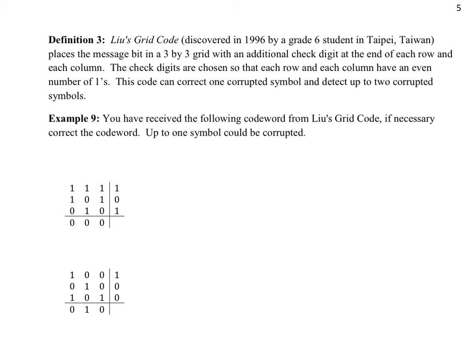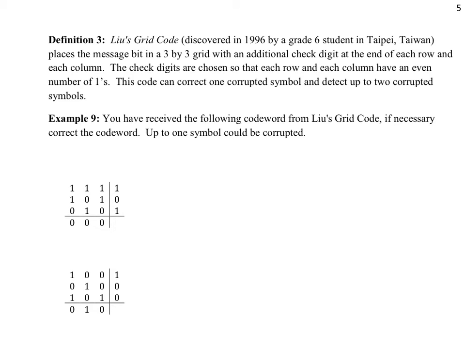And the check digit, very similar to the Ravenstein code, is designed so that the total number of ones is an even amount. So let's go through and check each row and column to see if we have an even amount. If we've received these code words, let's try to do the error correction below.